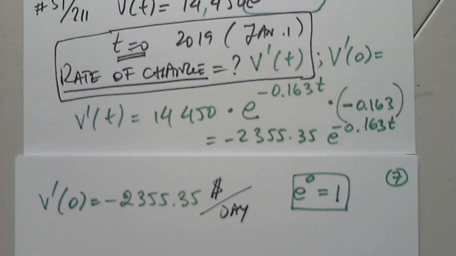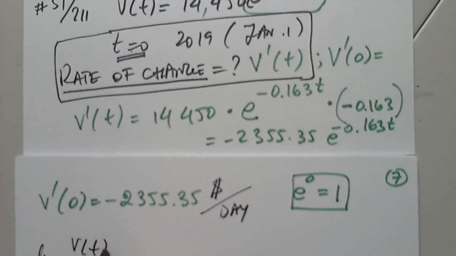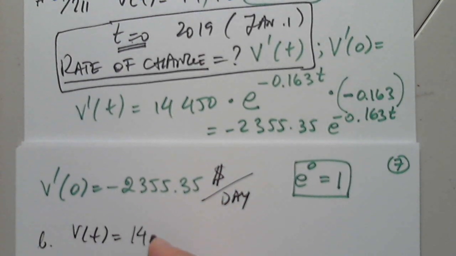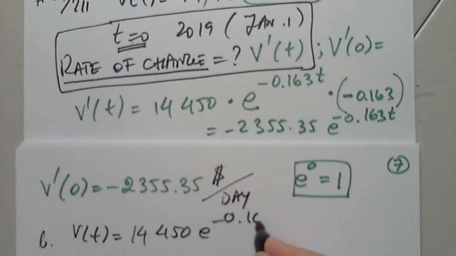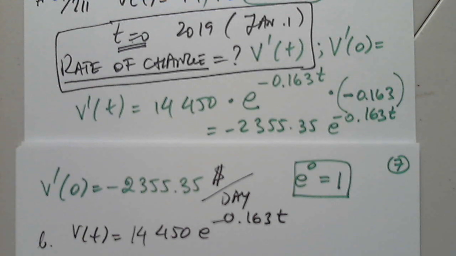Now they're not asking for the rate of change in Part B. They want the original value of the equipment on January 1st of 2017, 2 years prior. So let me copy here v of t, which is 14,450 e to negative 0.163 t. And let's see how we determine what happened in 2017.